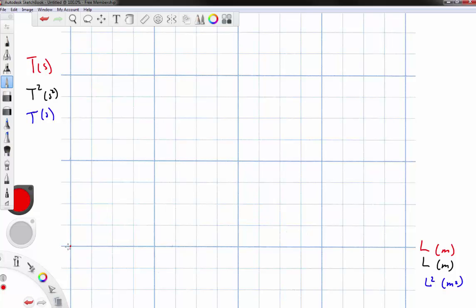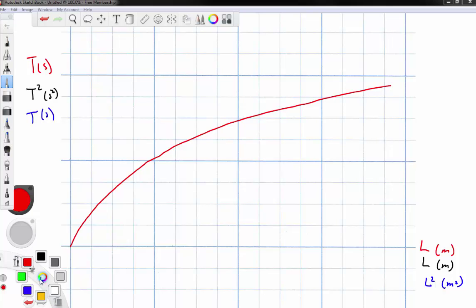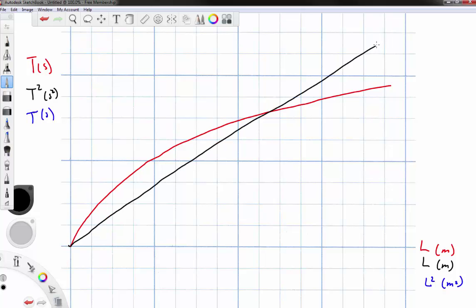Basically, the first one is going to be a sideways parabola. So something like that. The second one is going to look more like a nice straight line, like this.